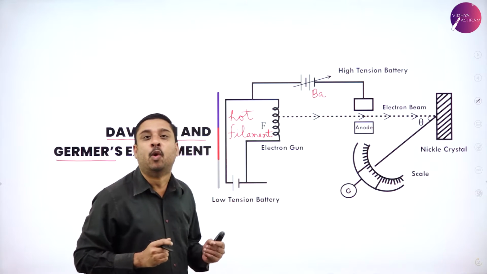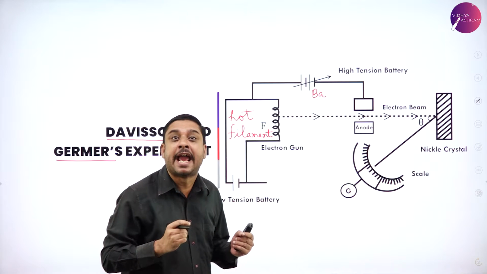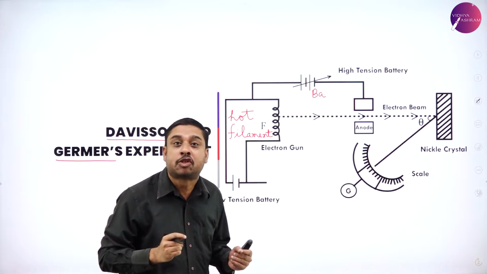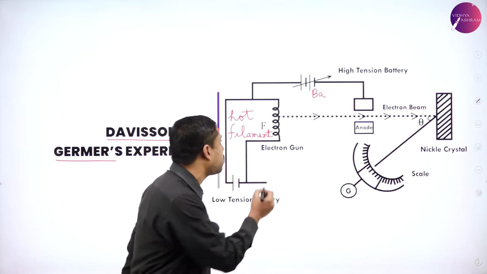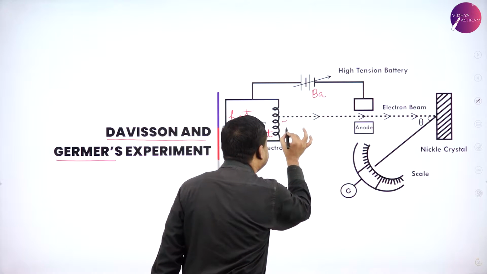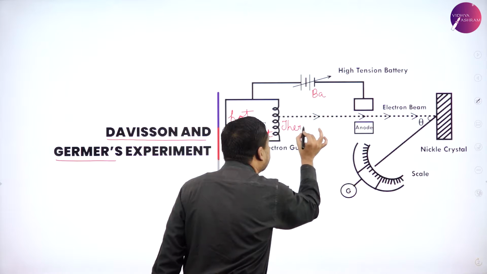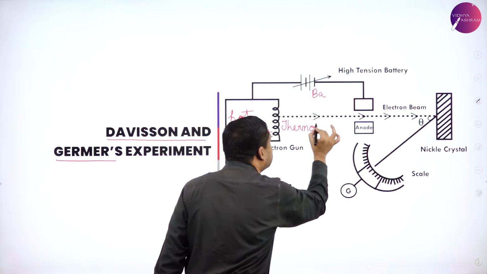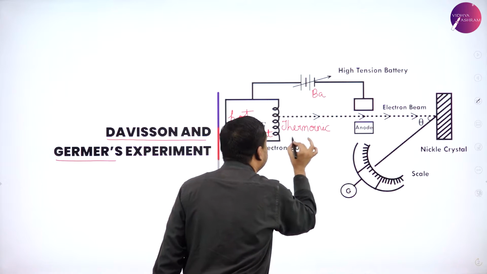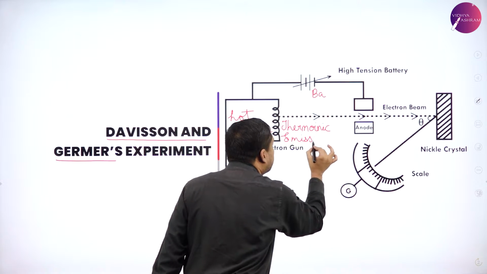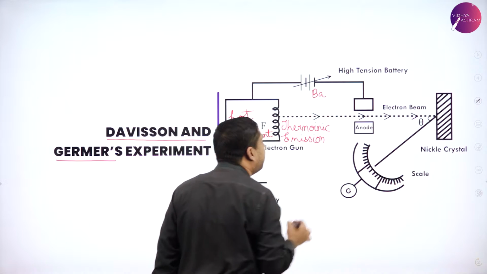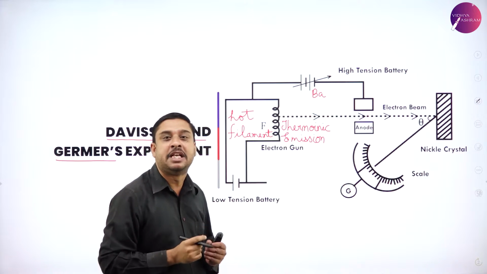We are proving the wave nature of the electrons. So from where will I get electrons? It is typically thermionic emission. In the beginning of this chapter, you studied the different types of emission.